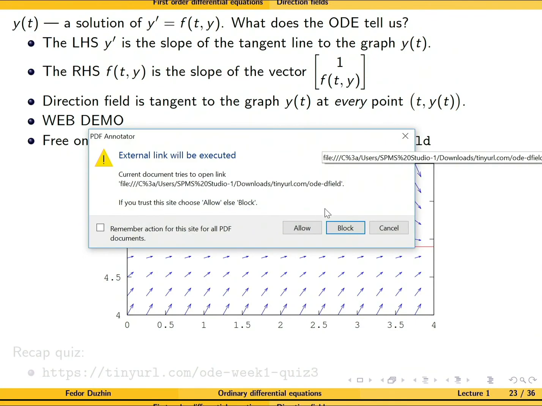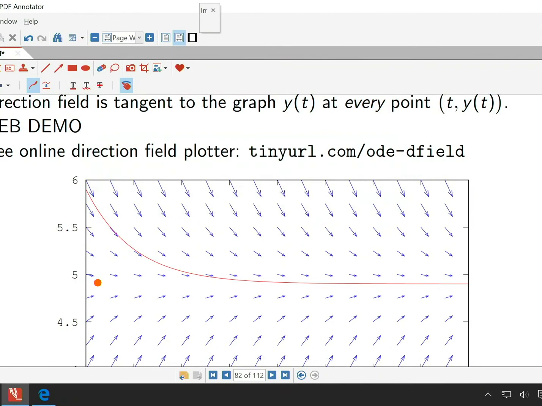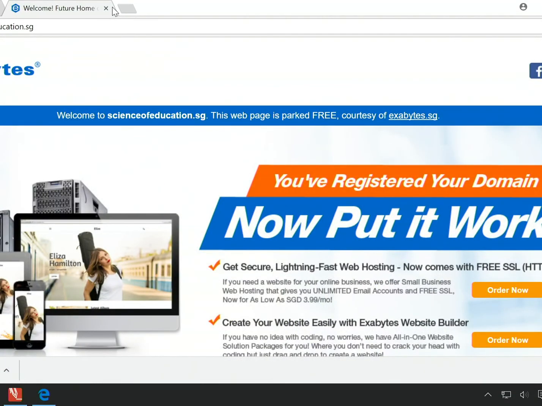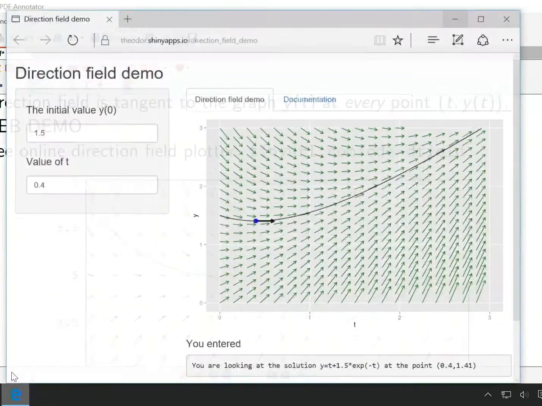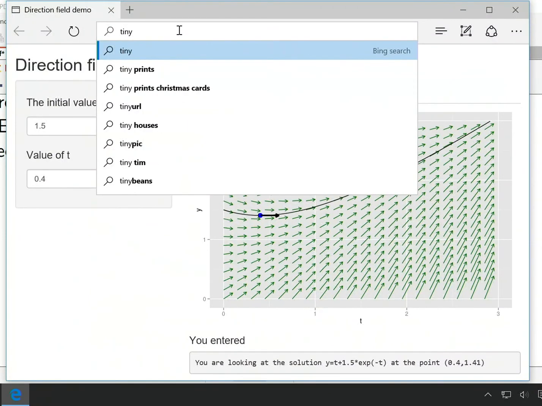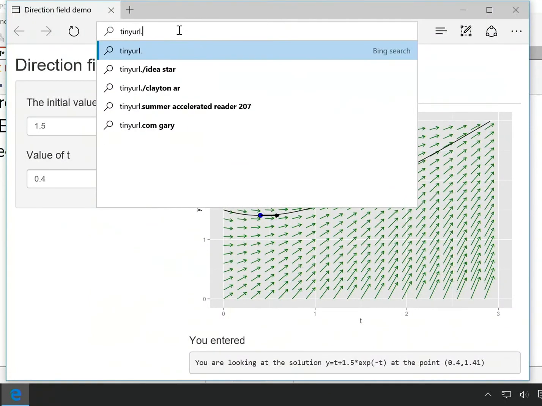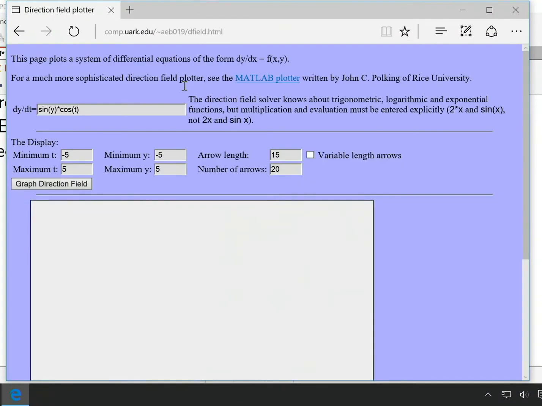When you do homework, please draw proper nice illustrations. tinyurl.com ODE dfield. Okay, let me find it.